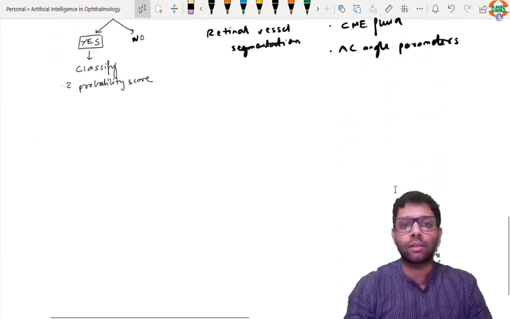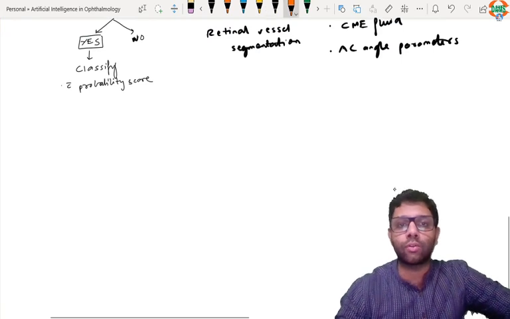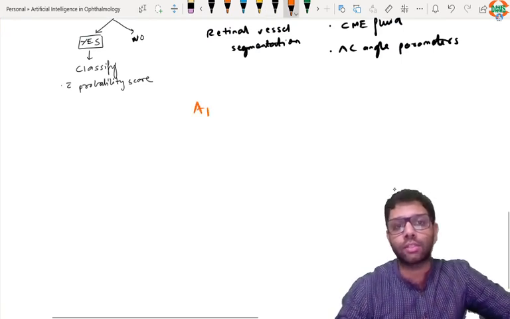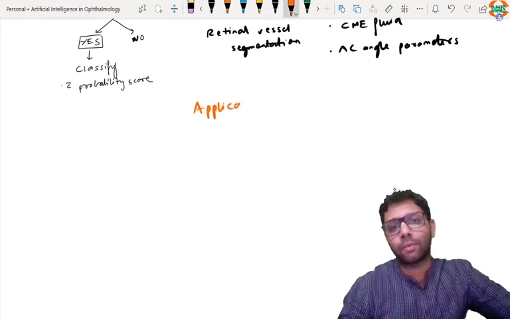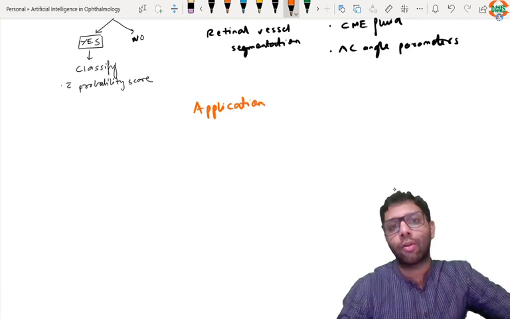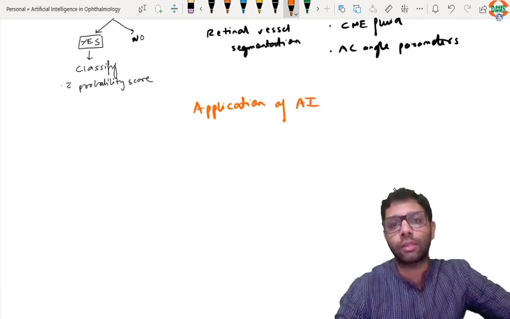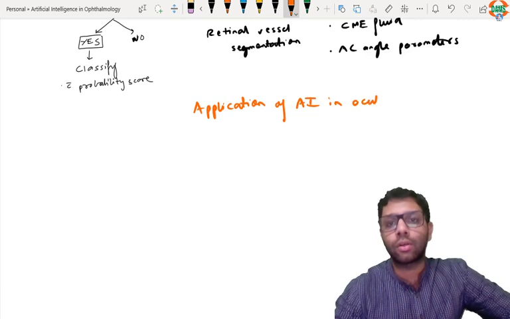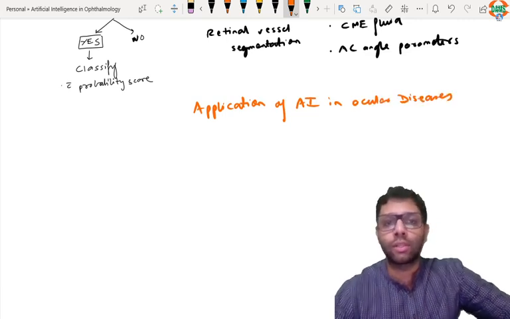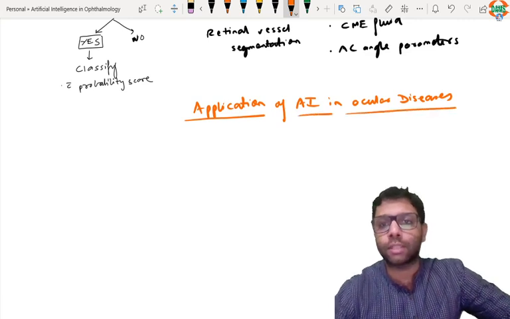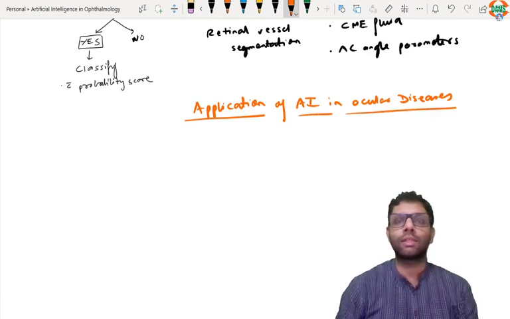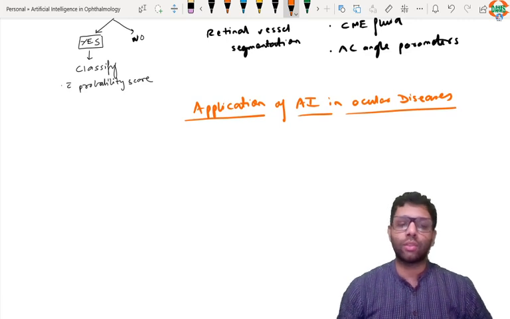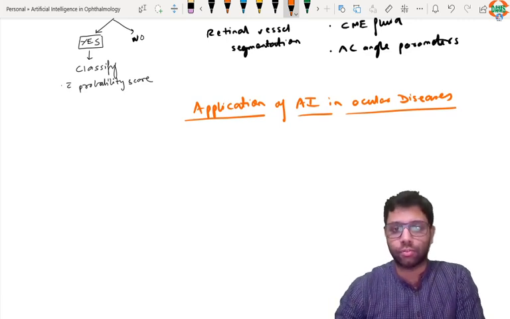And then at the end, of course, you have to write down the applications of AI in ocular diseases. If you say all these things point by point, of course the examiner who is checking knows that you have read about this or have the knowledge of this.